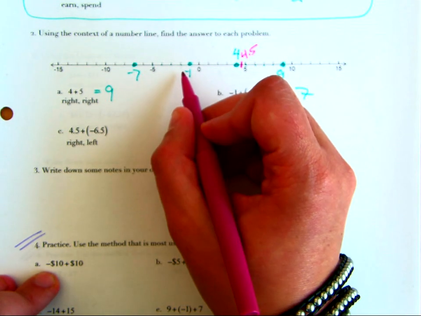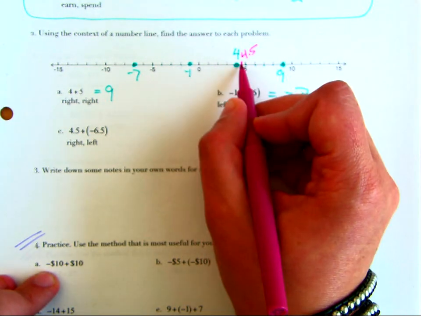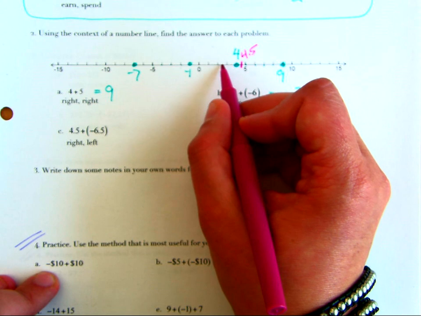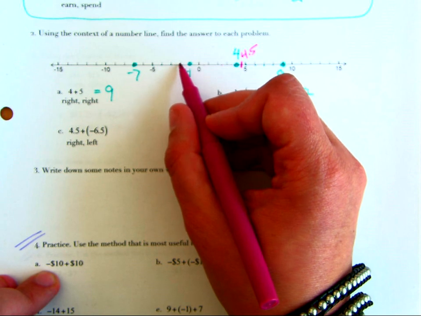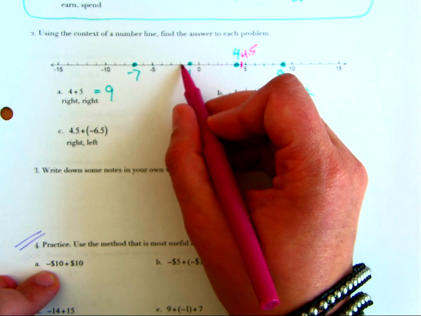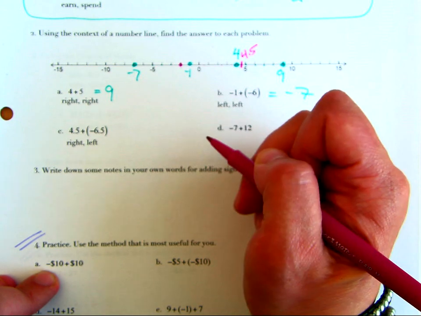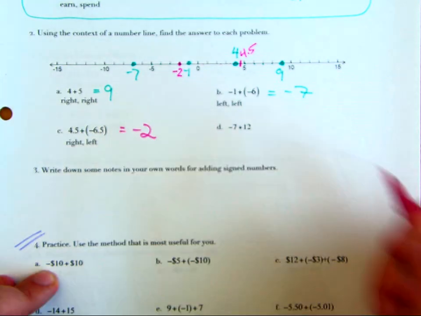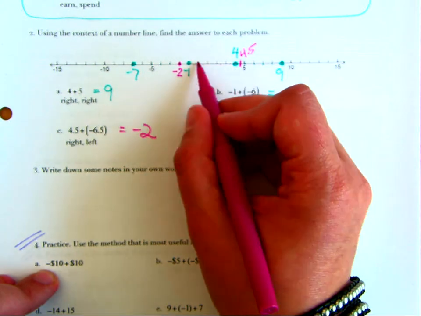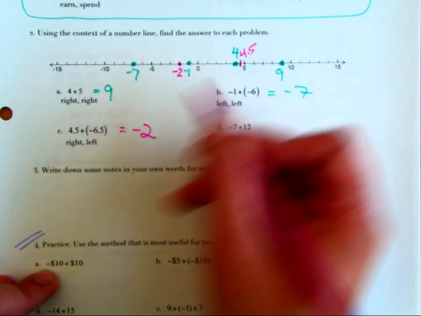Yeah, negative 2.5, right? Because we're going to go, here's 1, 2, 3, 4, 5, 6.5, another half. What number did I land at? Negative 2.5. Okay, do you see how we went right for positive, left for negative?